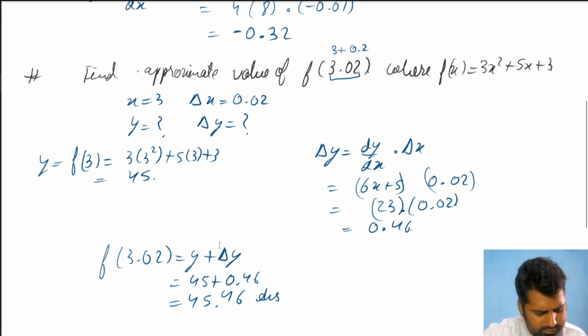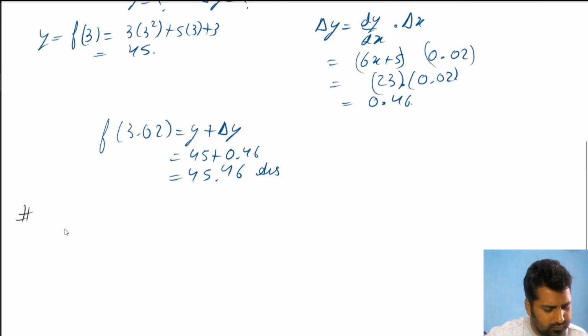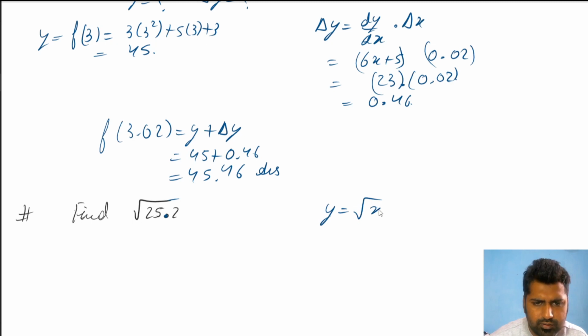Now let's see a few other questions. Again, find the square root of 25.2. You have to find the approximate value of this. Now if you want to calculate the square root of 25.2, this is written like y is square root of x.